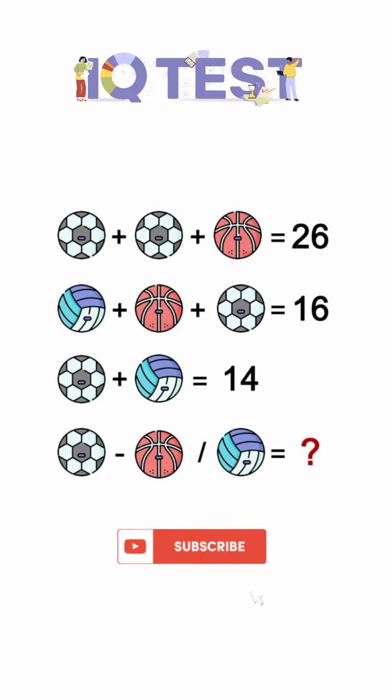So from equation 2, we can get x plus y is equal to 16 minus z. So if we put it into equation 1, we'll have x plus 16 minus z is equal to 26. So x minus z is equal to 26 minus 16. So x minus z is equal to 10.